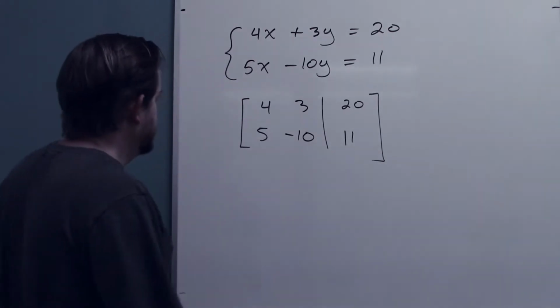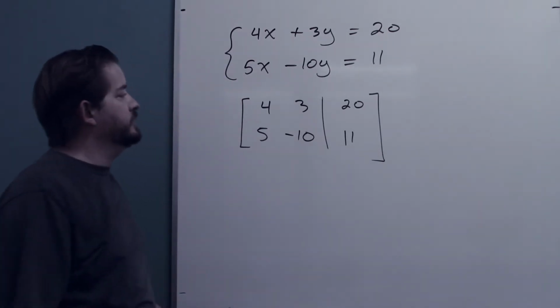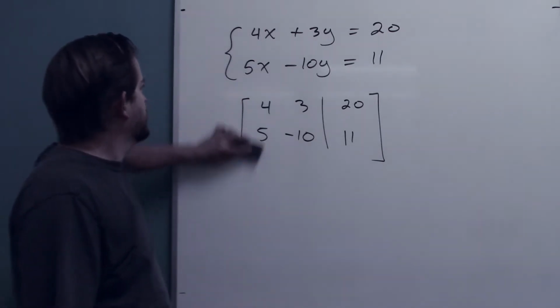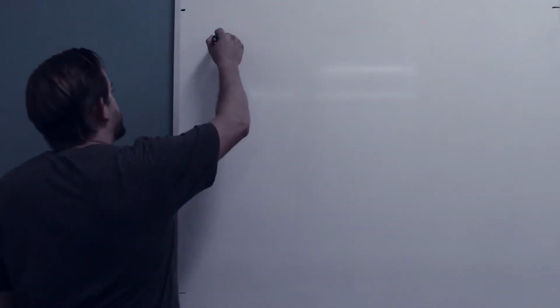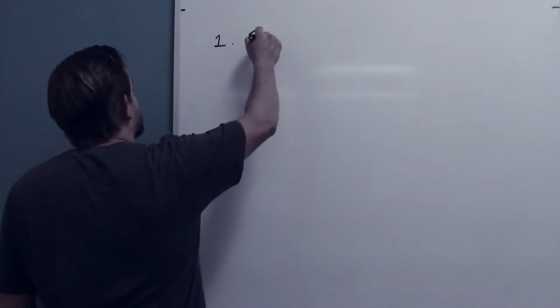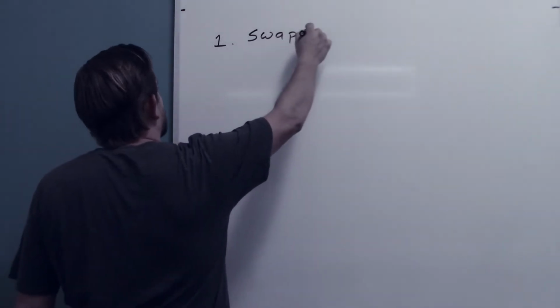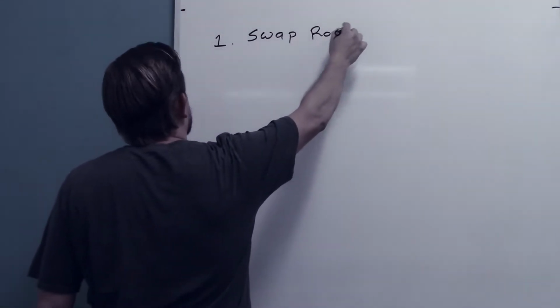So what can we do with these matrices? Well, let's talk about what's allowed. There's 3 major things that you'll want to do with these. The first thing that you can do is swap rows. Right?